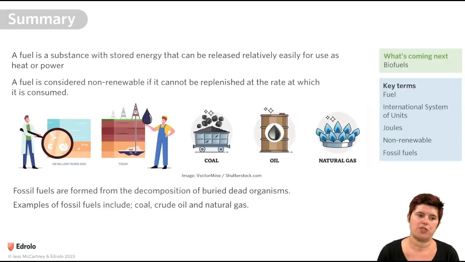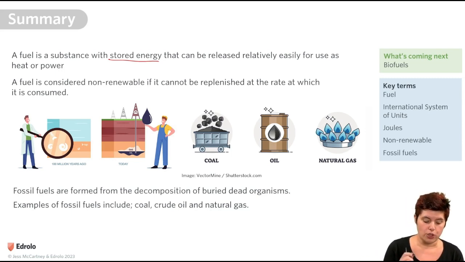So to summarize, remember that a fuel is a substance with stored energy. That is the best definition for it. And it can be in lots of different forms. So sugar, petrol, natural gas, and then we'll start looking at some renewable ones as well. A fuel is considered non-renewable when it cannot be replenished at the rate it's being consumed.